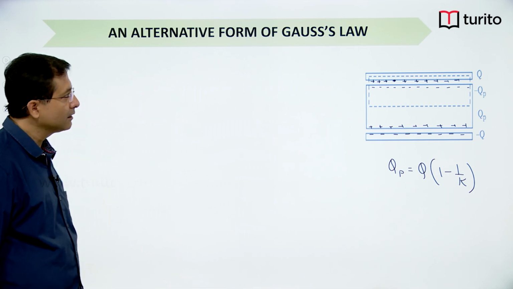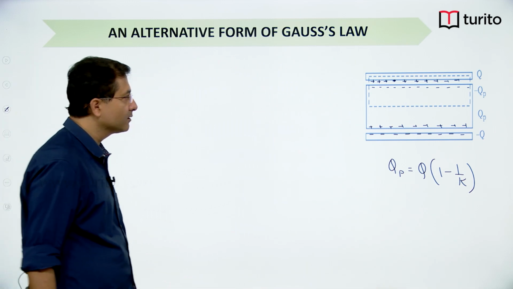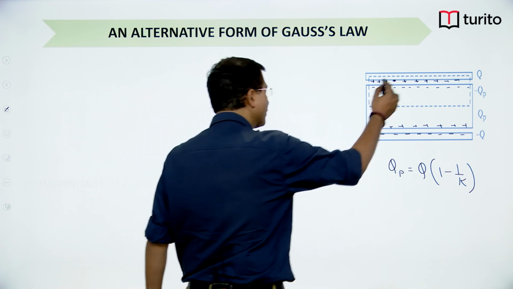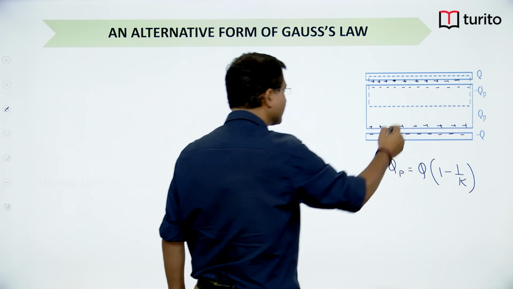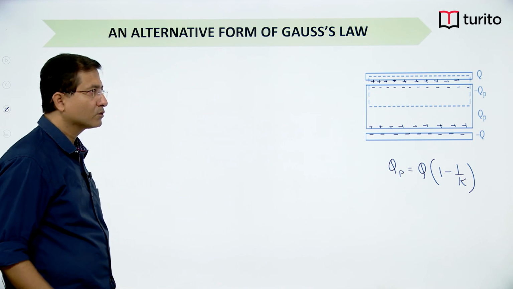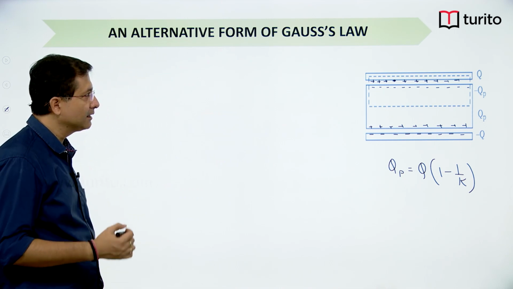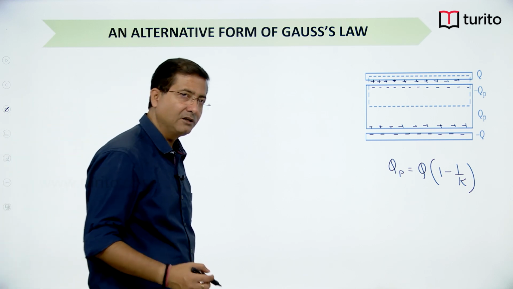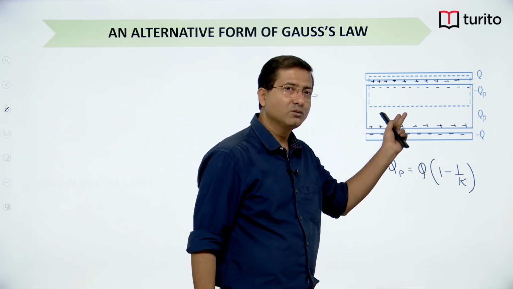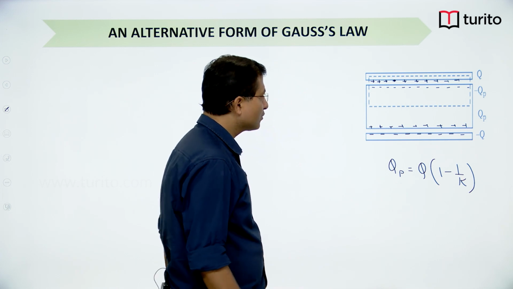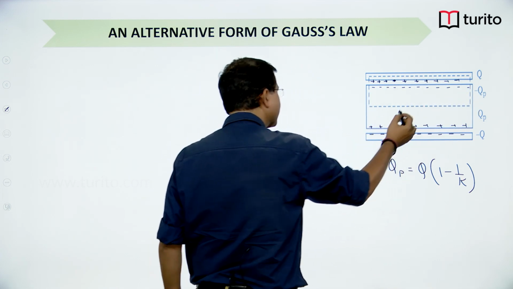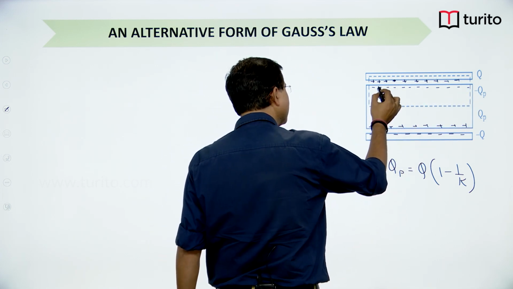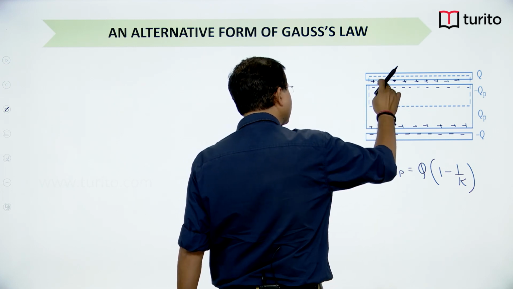If I want to write the field, or apply Gauss law in this region, E dot ds is equal to Q in upon epsilon naught, the total charge enclosed. So the total charge enclosed here, look at this and this one.